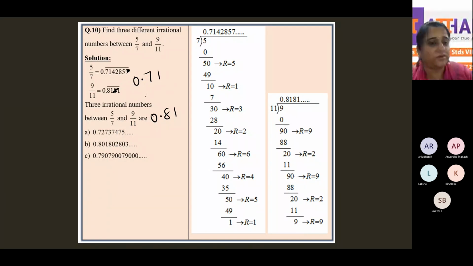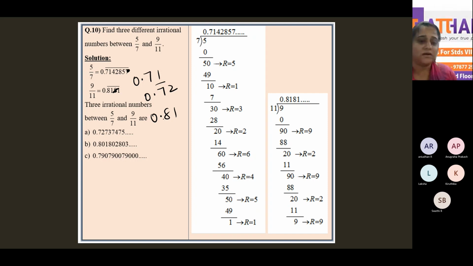So you can write 0.72 recurring. Why is it rational? Because it's non-terminating, but it's repeating. 0.72 recurring is a rational number because 72, 72, 72, 72 goes on forever.